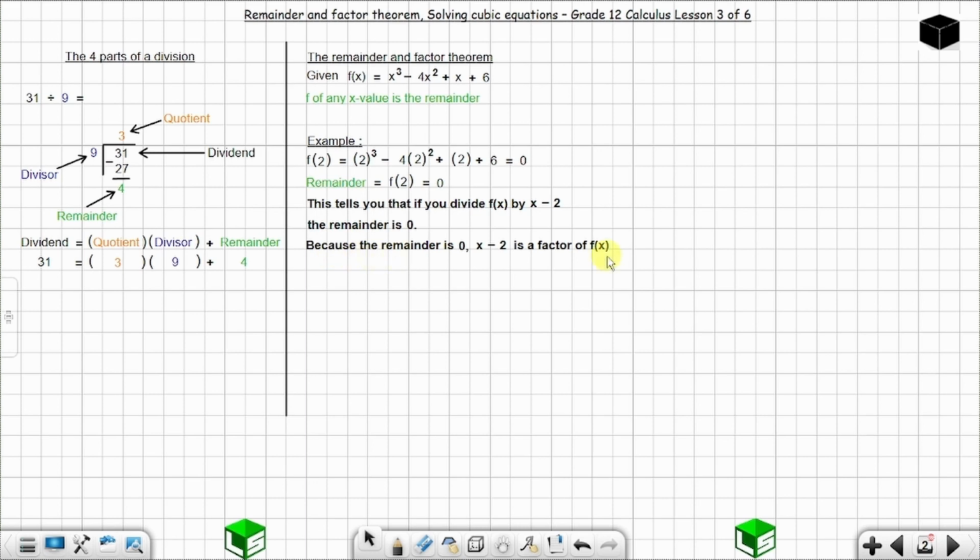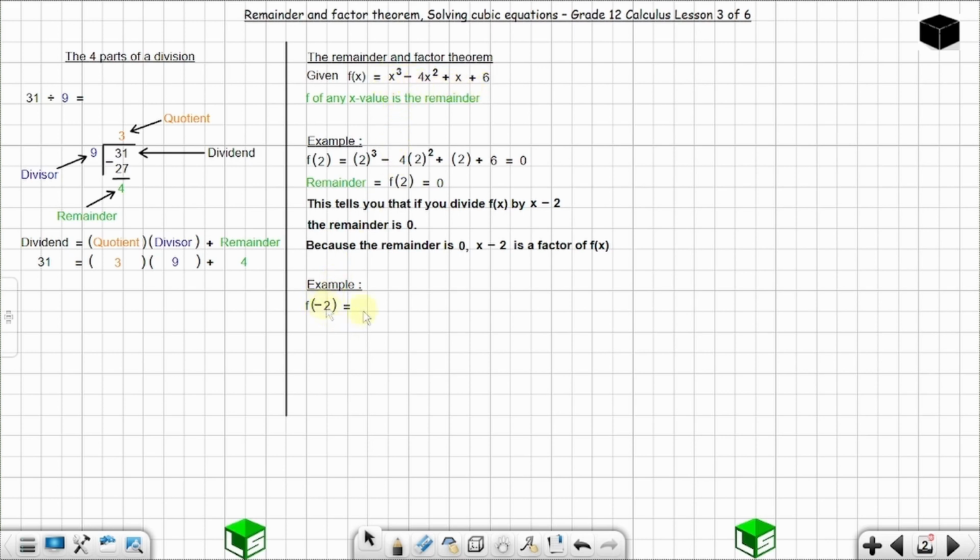Okay, let's look at another example. Remember again, f of any x value is the remainder. Any value that you plug in there, you are going to get the remainder. Now, let's use negative 2. You can use any x value. So f of negative 2 is equal to, you plug negative 2 wherever you have x.